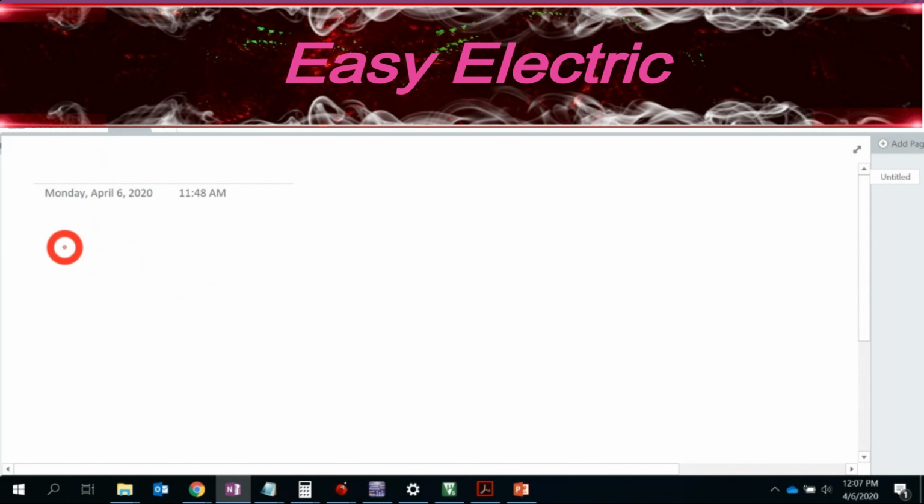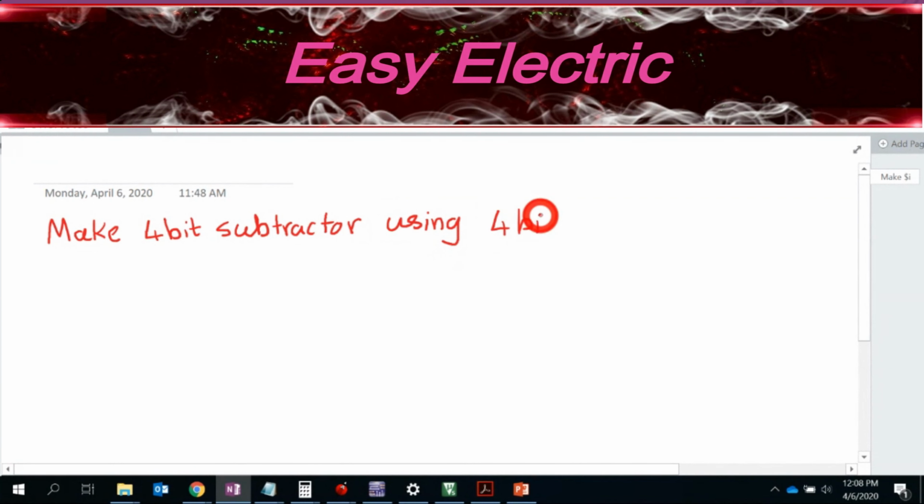What we want to do today is make a 4-bit subtractor using a 4-bit adder.